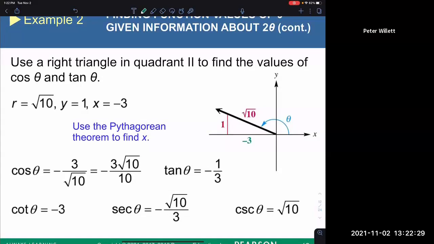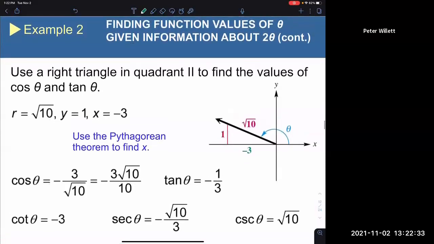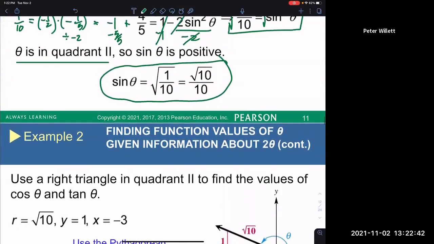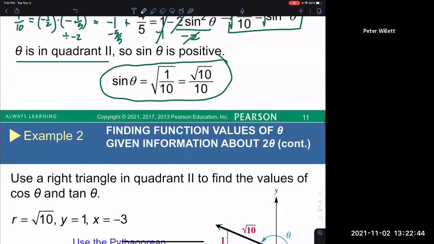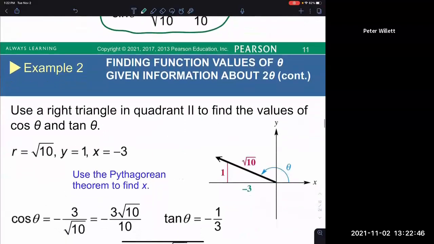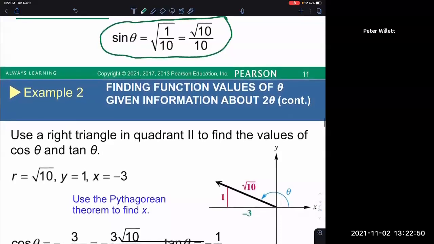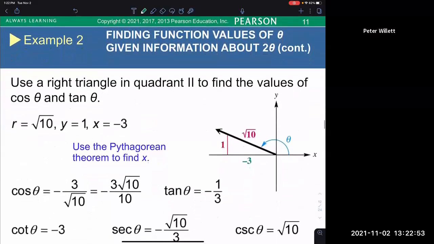So it says use a right triangle in quadrant 2 to find the values of cosine and tangent. So what did we just figure out from above? We figured out that the sine value is the square root of 1/10. So how could we use the right triangle in this quadrant to do that?